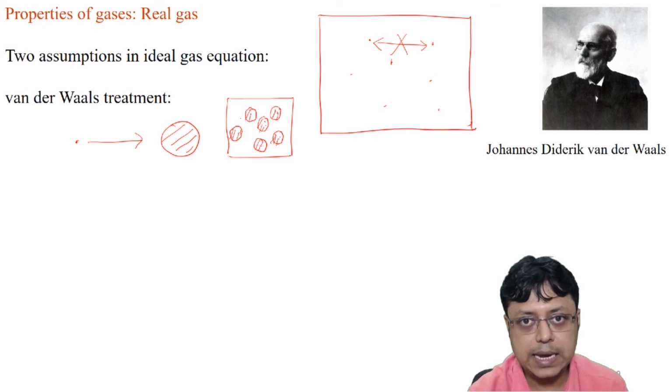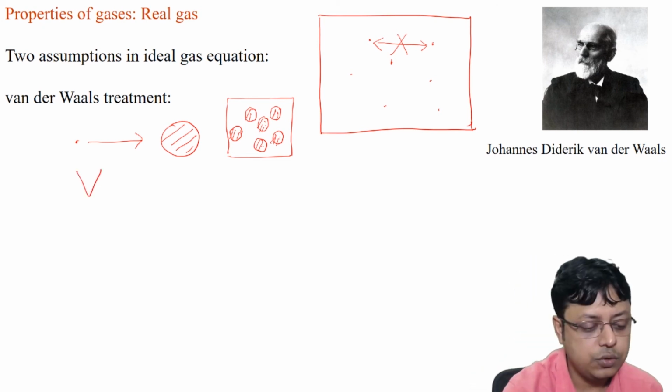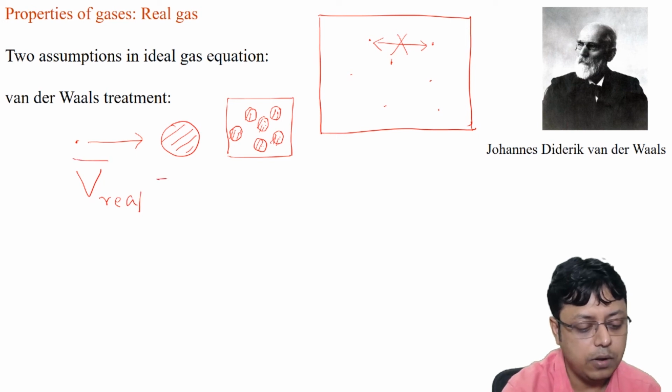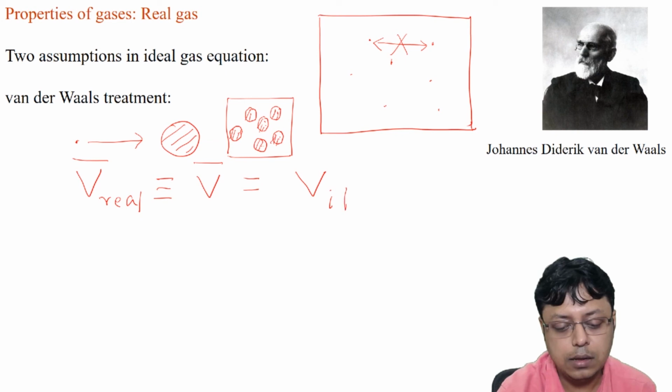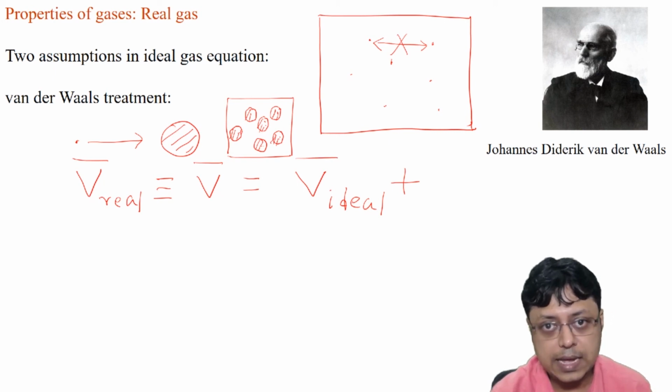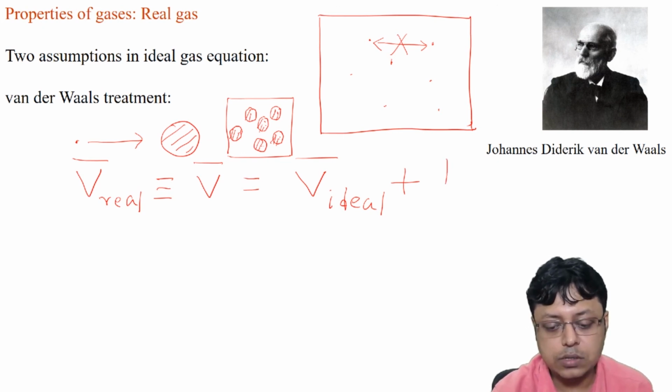So van der Waals said that the actual or real molar volume, which we will denote simply as V bar, will be more than the ideal gas volume by an amount which is constant in this case, because we are considering only 1 mole of gas, and this constant he denoted as B.